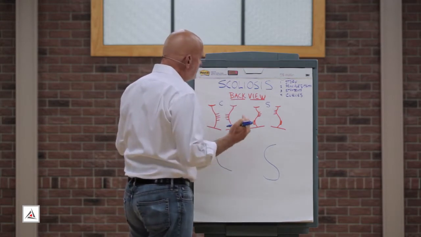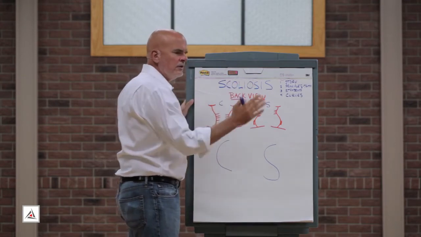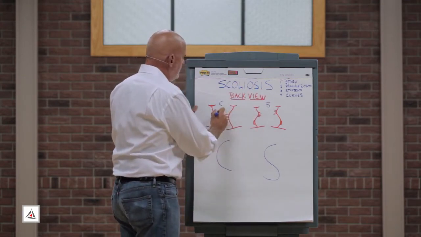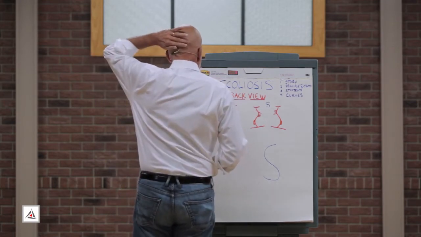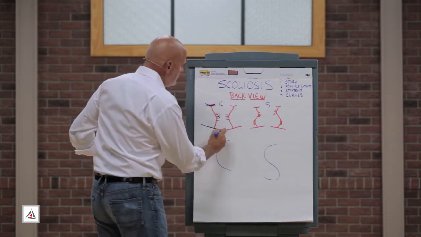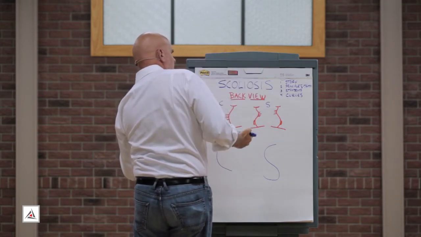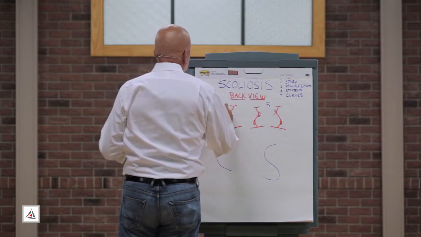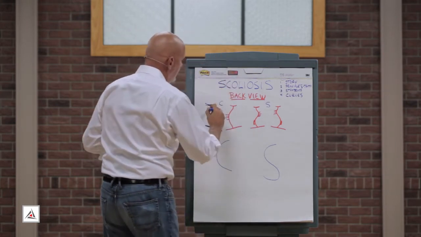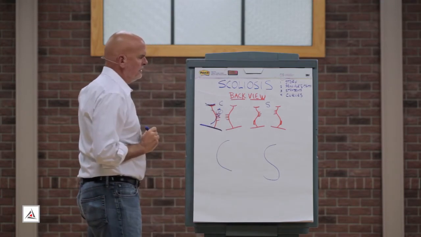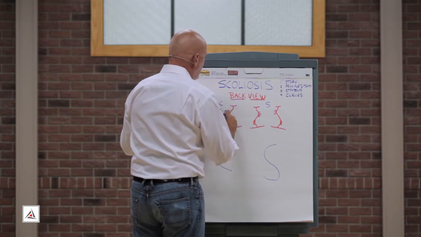And so if we take a look, of course, we can have a C curve that basically curves with an apex to the right. So if we're looking at the back of somebody, so if you're looking at my back and you're looking at my pelvis, which is this right here, I would have a C curve if I just had a simple C curve, and it would be a C curve to the right, apex to the right, if basically the curve here showed what we would actually call an opposite C. A true letter C would be what we would call a left curve.